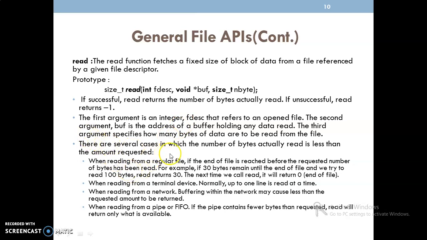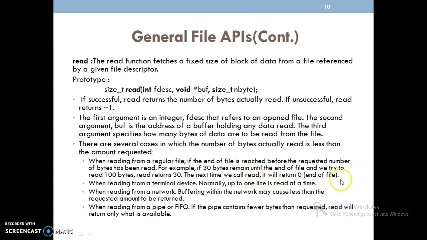There are several cases in which the number of bytes actually read is less than the data requested. The first one: when reading from a regular file, if the end of the file is reached before the requested number of bytes has been read. For example, if 30 bytes remain until the end of the file and we try to read 100 bytes, read returns only 30. The next time we call read, it will return 0.